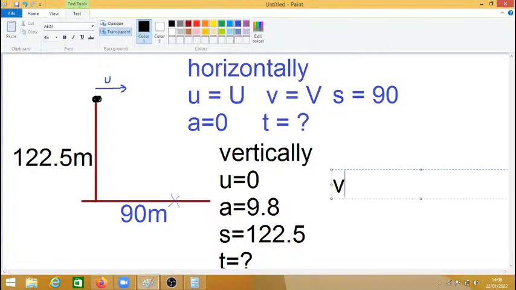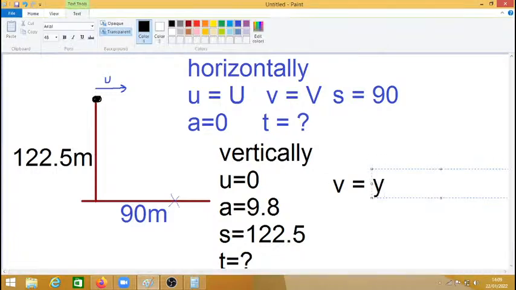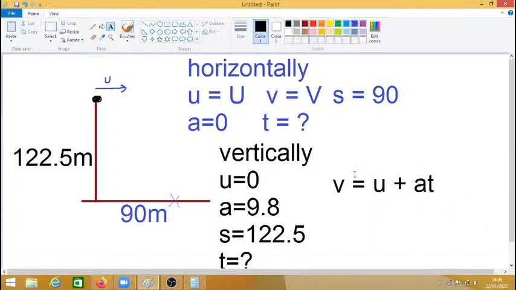So if you remember from the beginning, I wrote down v squared is equal to, oh no, we have used this quite a lot, so it's okay. v equals u plus at. So the problem here is we don't know what v is and we don't know what t is. So we're not going to be able to use that formula.